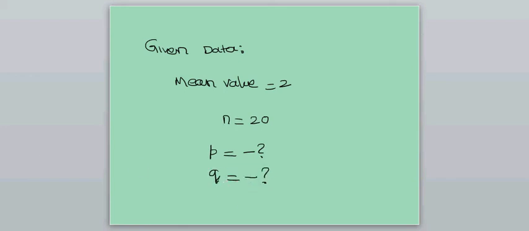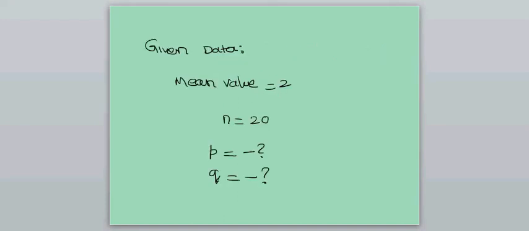Now we know the mean value of binomial distribution. We already discussed what is the mean formula for binomial distribution. Mean formula is n into p, number of samples into probability of one success, np. Now in this case, n is given as 20 and the mean value is given as 2.